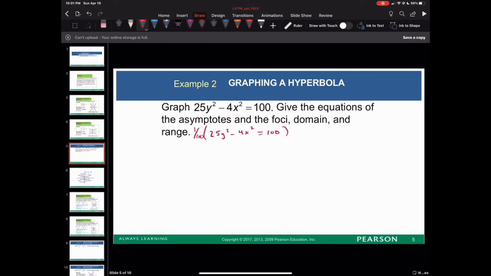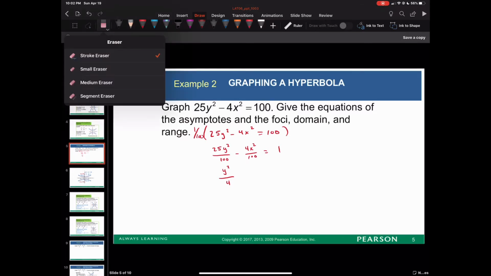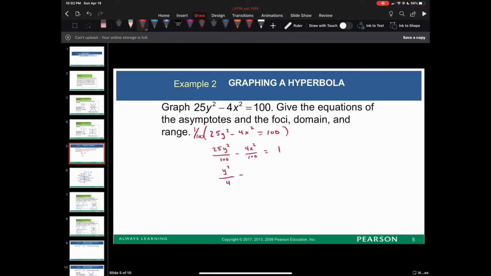Therefore, I'm going to get 25y squared over 100, and I'm going to reduce these once I do it, minus 4x squared over 100, equal to 1. We already know 100 over 100 is 1. Now, let's reduce this. So this will give me y squared over 4 minus x squared over 25, and that'll be equal to 1.